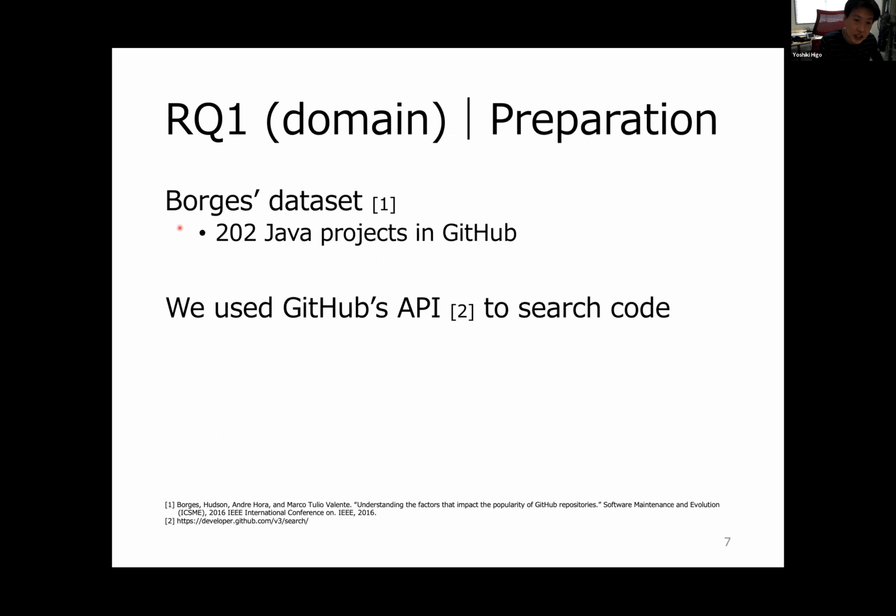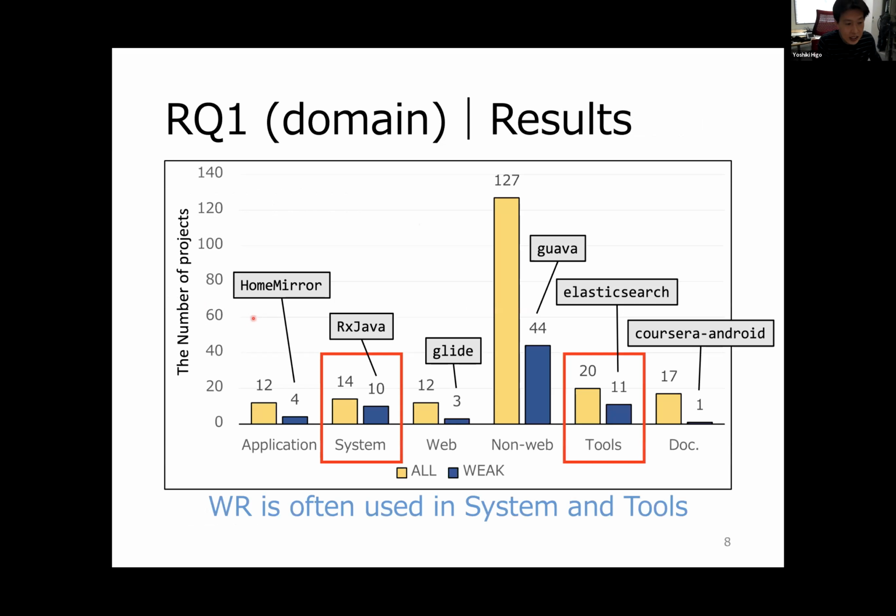In this investigation, we used the Borges dataset, which includes about 200 Java projects in GitHub. We used GitHub's API to search code that includes weak reference. Here is the result. The x-axis means the list of domains: application, system, web, non-web, tools, and doc.